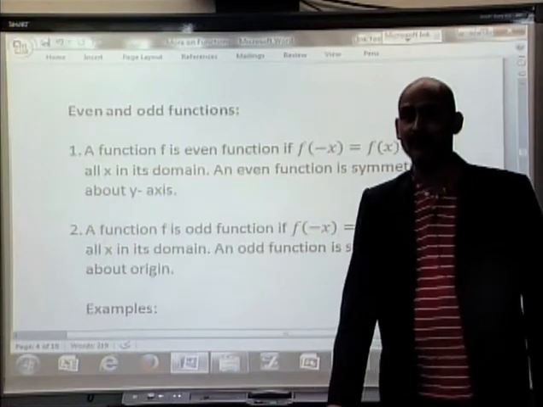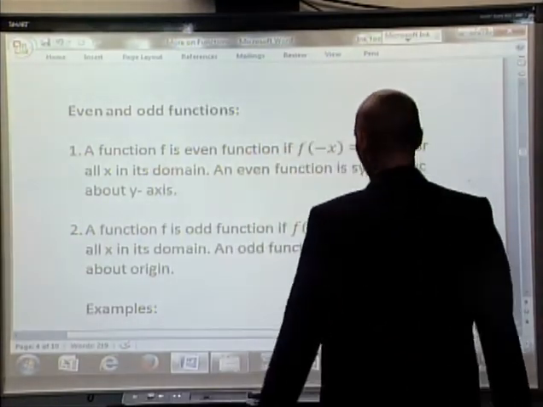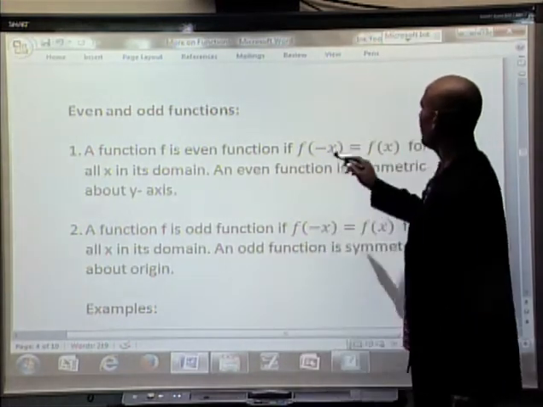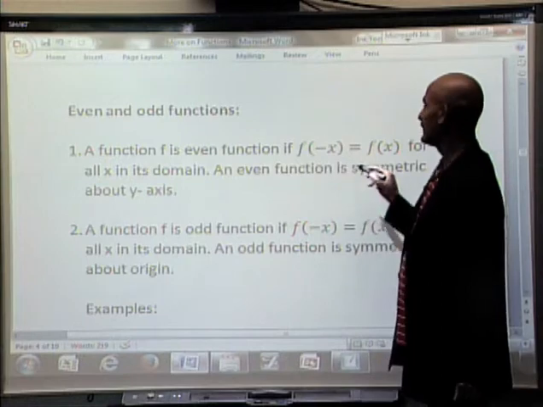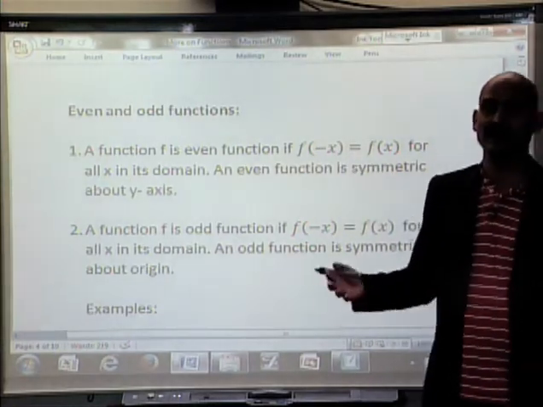Okay, let us talk about even and odd functions. A function is an even function if f of negative x equals f of x for all x in its domain.